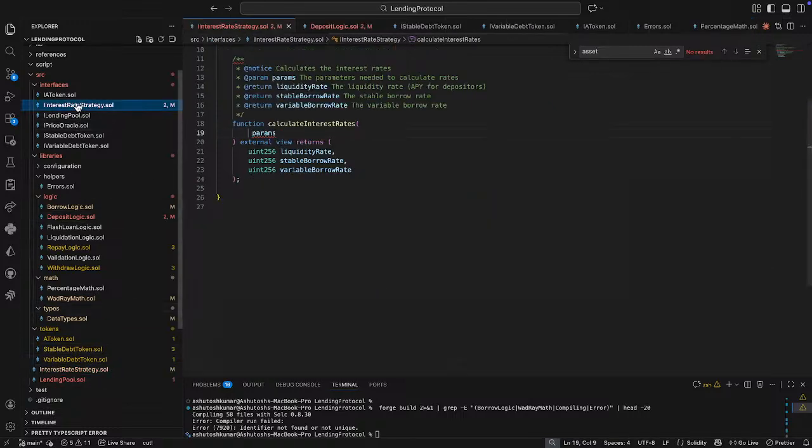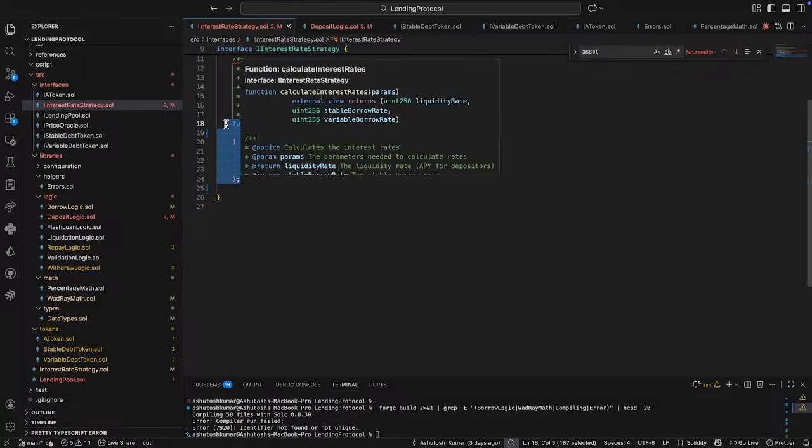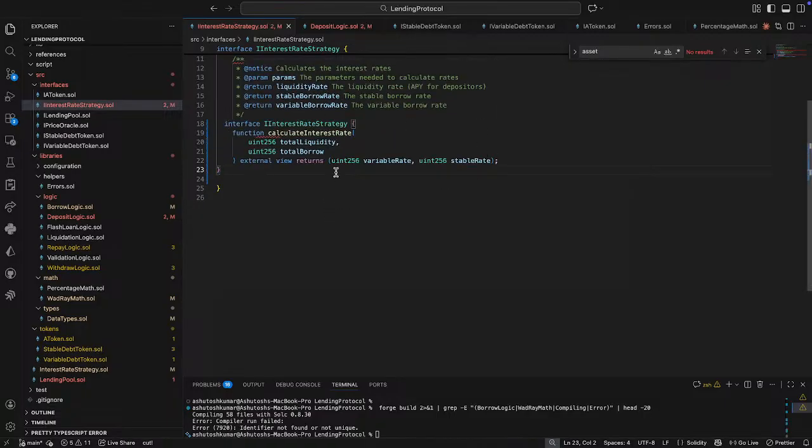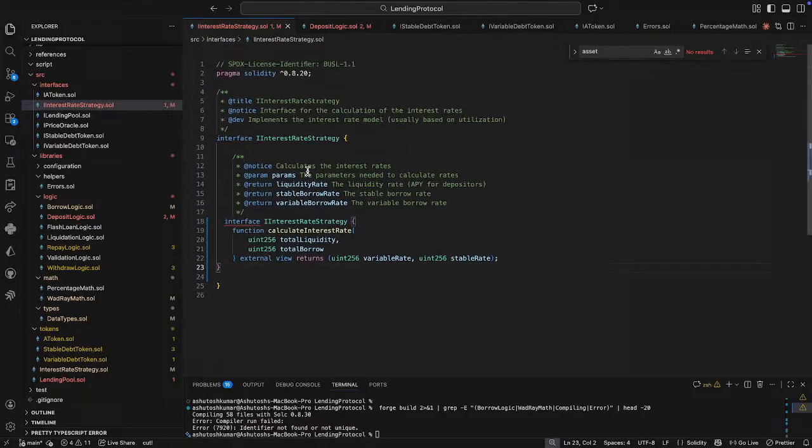And here in interest rate strategy you just pass the function. Mm-hmm.